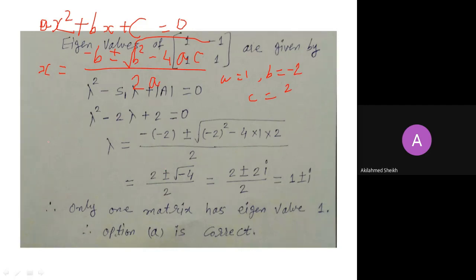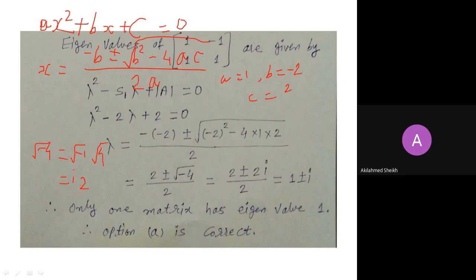Now here, root of minus 4, by using laws of indices or surds, is root of minus 1 into root of 4. Root of minus 1 equals i, the imaginary number, and the square root of 4 is 2.